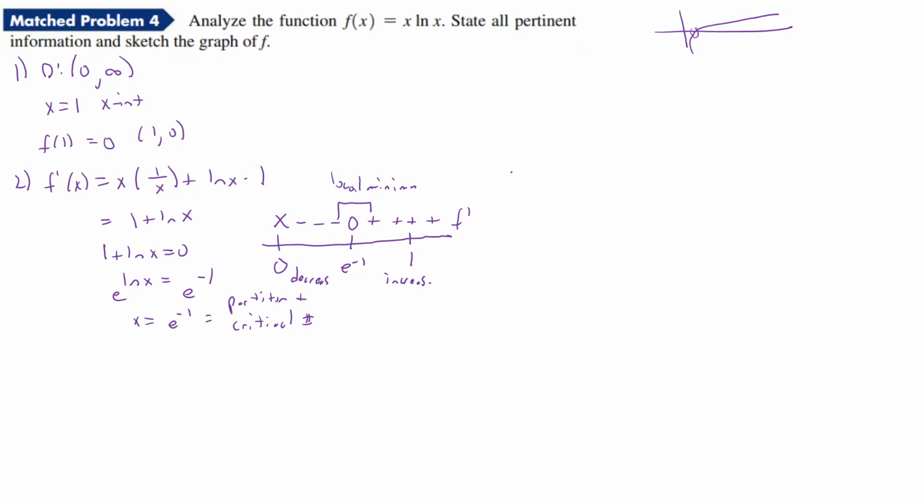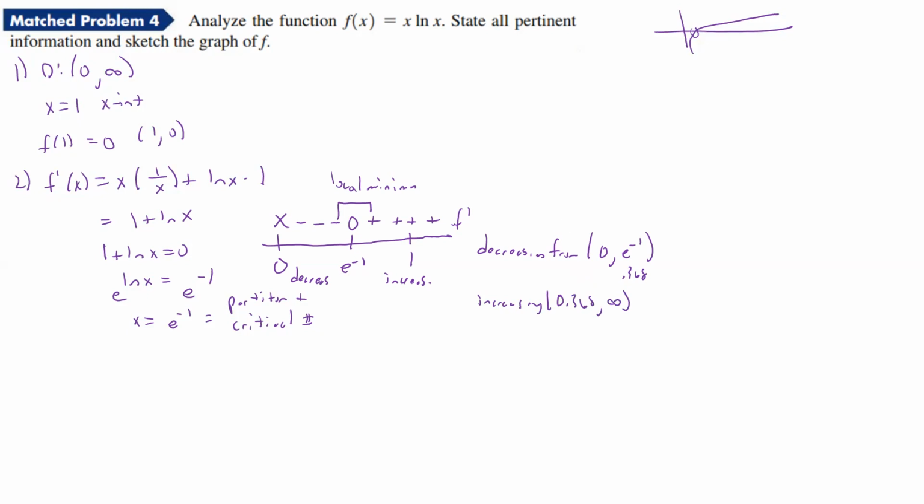And so if we write that out, we're decreasing from 0 up to e to the negative 1. And e to the negative 1 again is going to be 0.368. So that's 0.368. And we're increasing from 0.368 up to positive infinity.